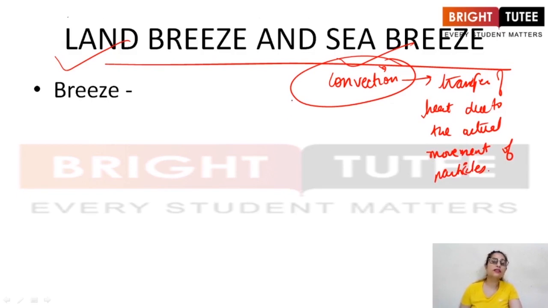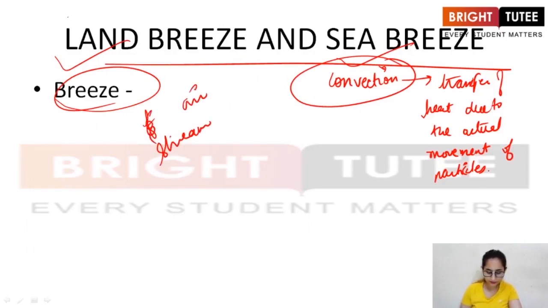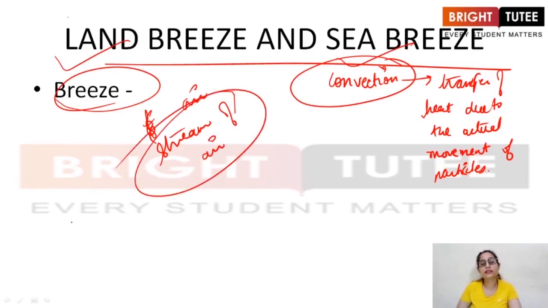So what happens in case of land breeze? What is breeze? Breeze is the air basically. It is the stream of air. Sometimes during summers we say that there is a cool breeze nowadays. That is because the air which is circulating is cold, right?